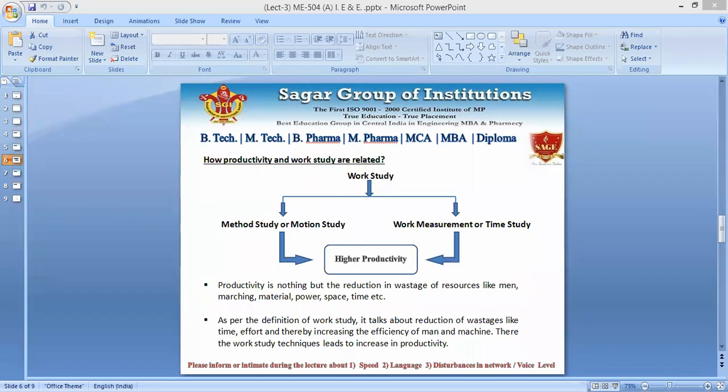So these are the resources. I told you when we were discussing industrial engineering, or an industrial engineer or planning engineer, these are the resources which a planning engineer has to deploy during planning by using various layouts we have discussed in the previous lecture.